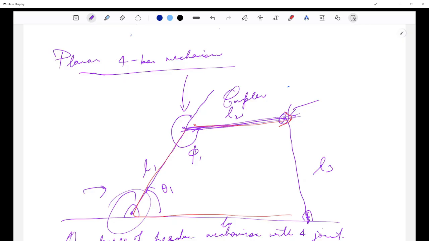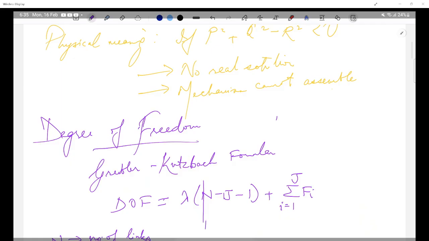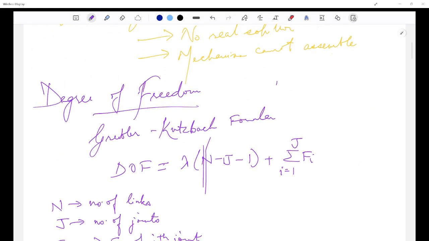You can type in the chat box. Whether the answer is correct or wrong does not matter. I need to know if you are able to understand. Okay, I'll move forward since you guys are not replying.